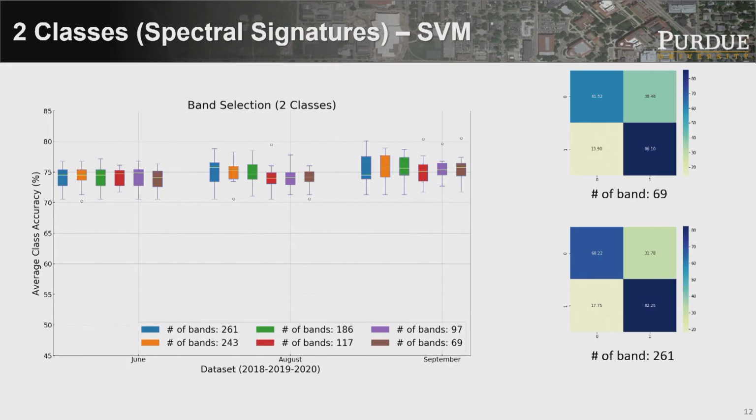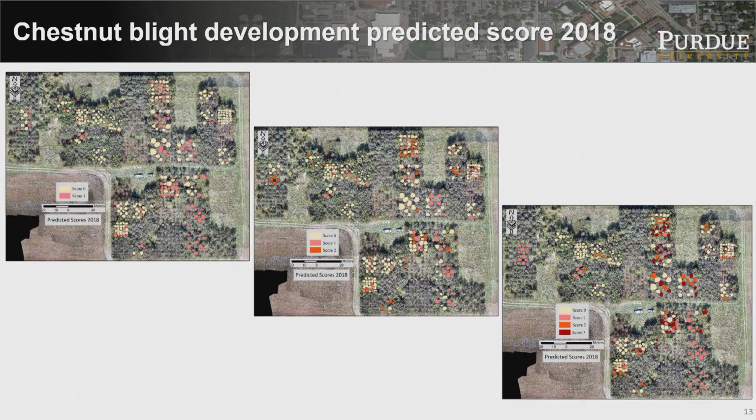It didn't matter if we reduced the number of bands. Interestingly, the wavelength importance did change seasonally, such that predictors earlier in the season were different wavelengths than later in the season, okay? So we were able to get really good classification overall, and one of the more interesting things about this study, at least I think, is that we were able to map this progression through time.